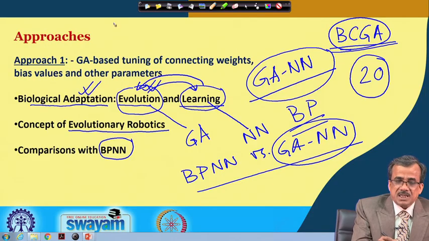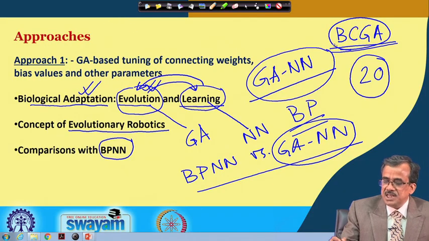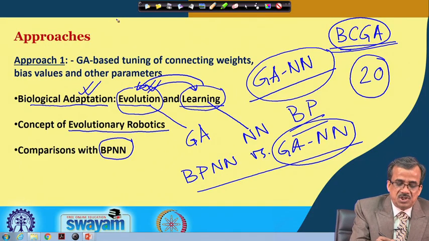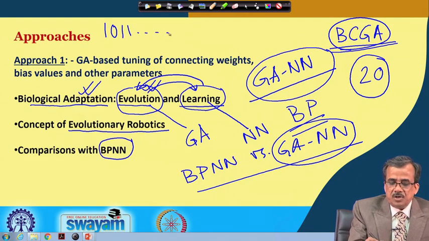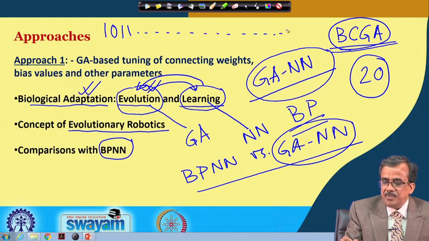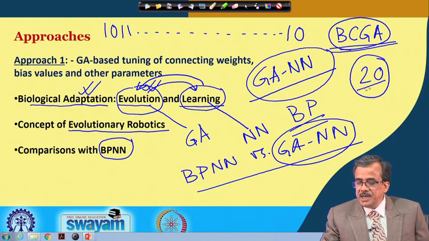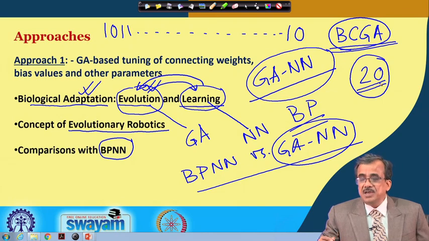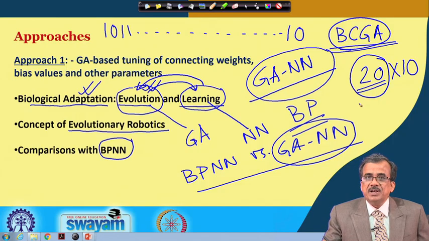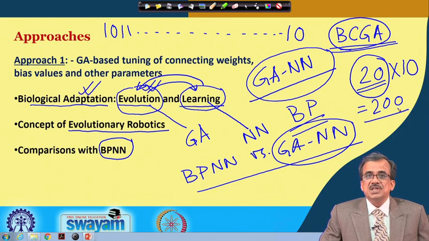Now, if I concentrate on a particular GA string, that is a binary coded GA string, it looks like, say, 1 0 1 1 and so on, and the last term might be, say, 1 0. If there are 20 variables and I use 10 bits for each variable, I will have 20 multiplied by 10, that means 200 bits in one GA string.